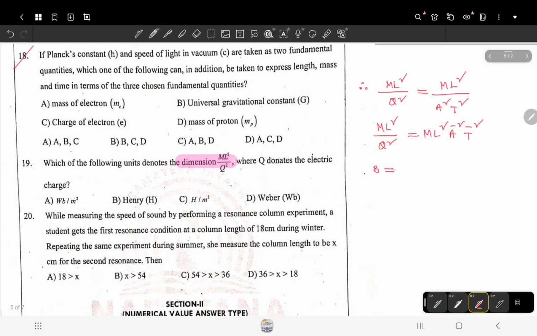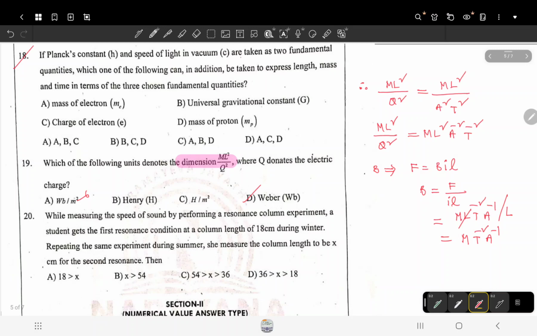From force, force is equal to B into I into L. Therefore B is equal to force by I into L. Force can be written as M L T power minus 2, I is A power minus 1, and by L, the L will cancel. Therefore B is M T power minus 2 A power minus 1. Therefore it is not the right answer.